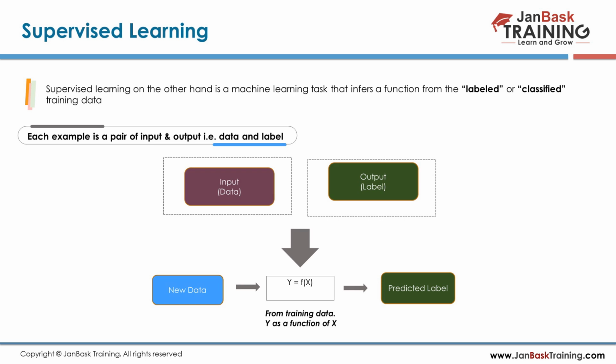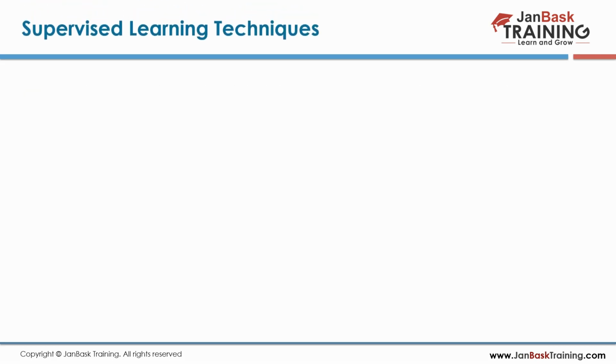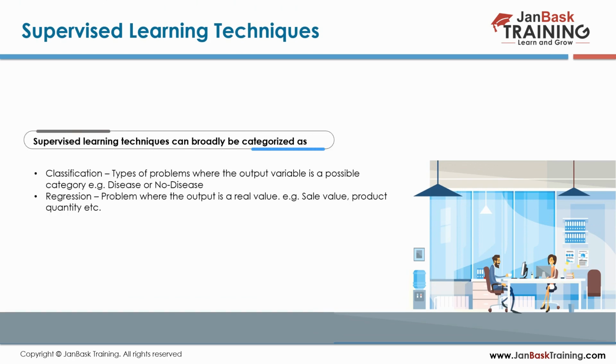Whenever new data comes, it will pass through whatever training you have given and it will predict the label for you. Then classification: the types of problems where the output variable is a category. The previous example is a classification problem. You want to classify the customers as personal loan buyers, interested or not interested, 0 or 1. That is the classification problem that I showed you.